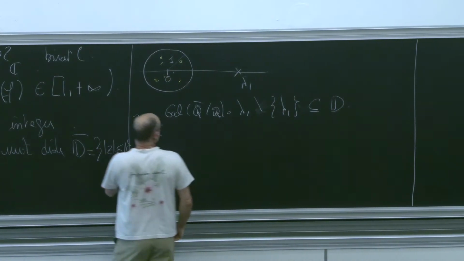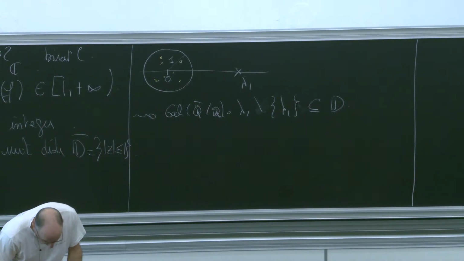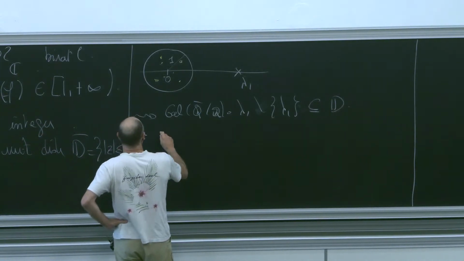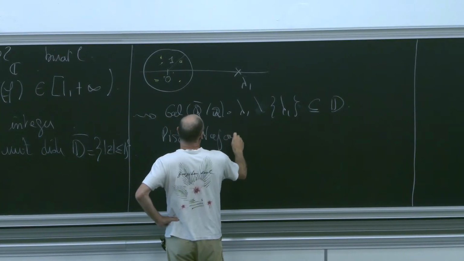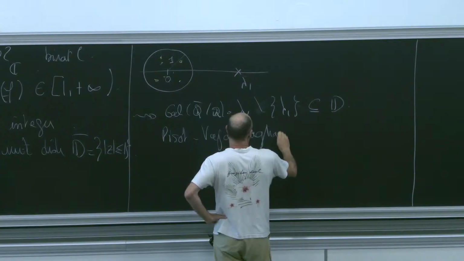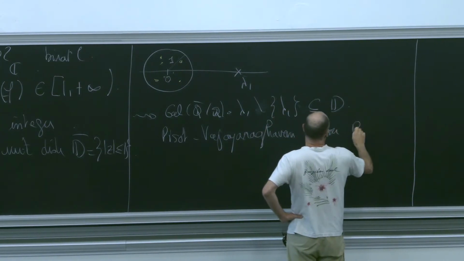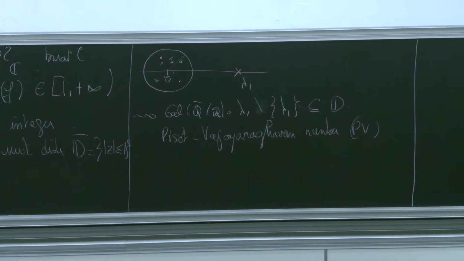And so then this number is called a Pisot-Vijayaraghavan number. In the literature, of course, they don't use this, it's just PV number. Okay.